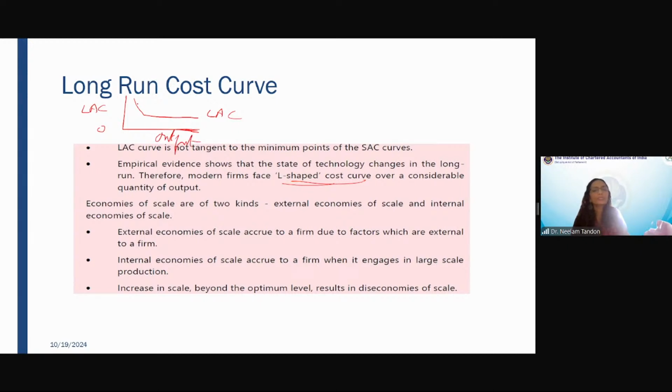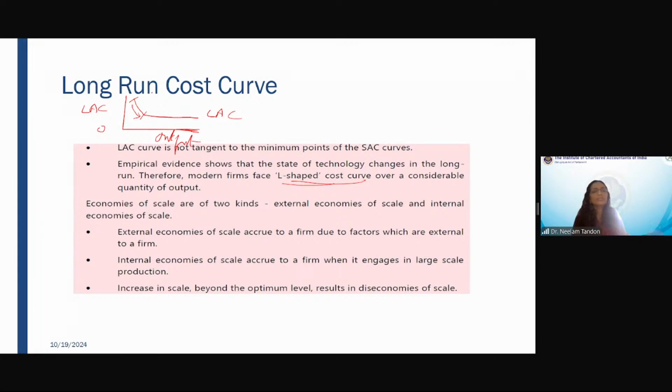When they start production, the cost is high. Once they start excelling in the production process because of technical efficiency, technical economies, managerial economies, commercial economies, then financial economies, risk-bearing economies, that results in lowering down the cost. Internal factors, external factors because of the industry, because of the government policies, because of the technology, because of the labor force. Okay, so because of that, the cost goes down.